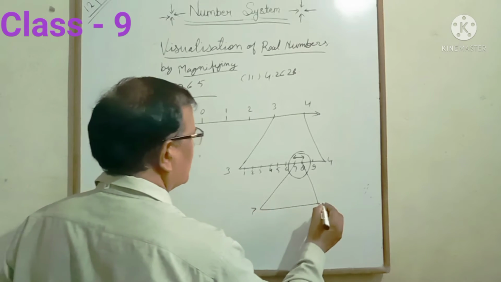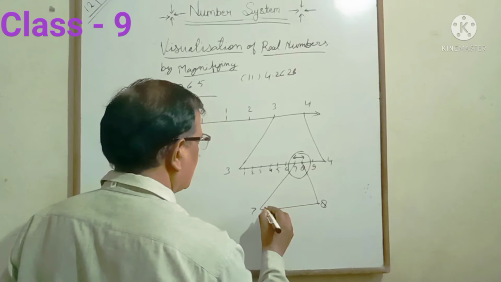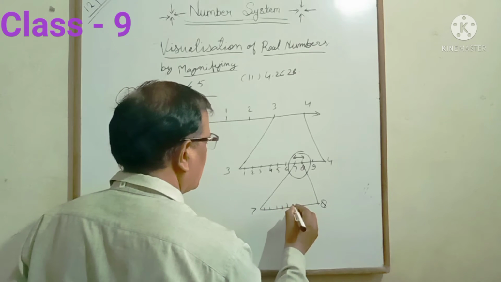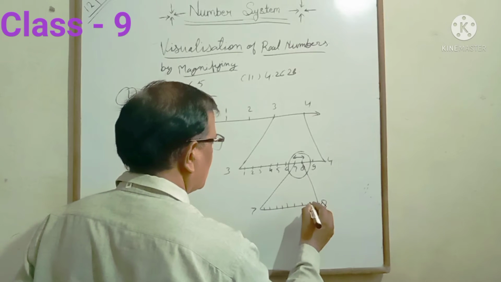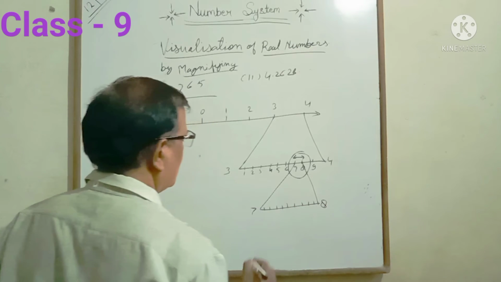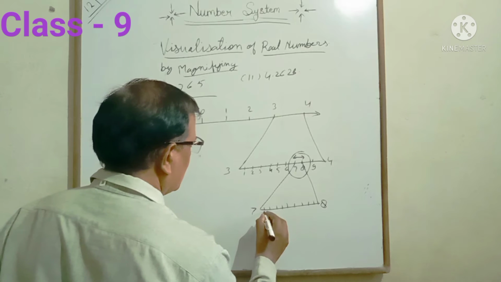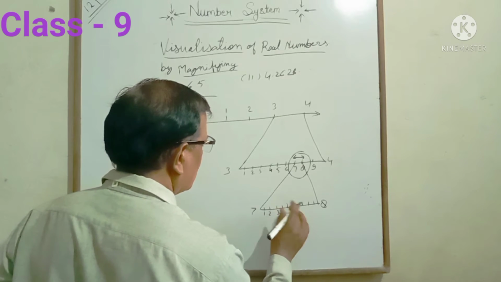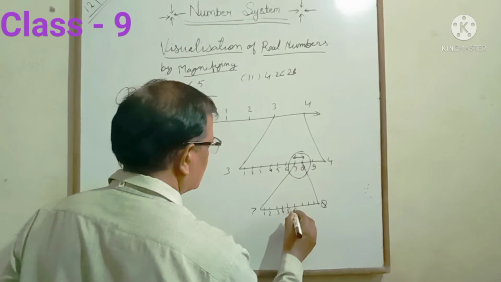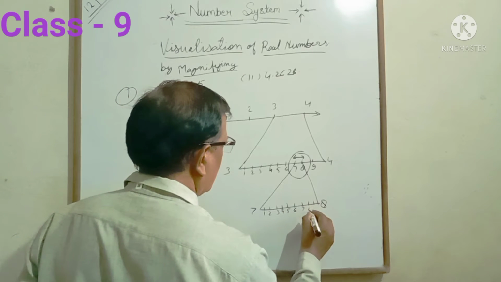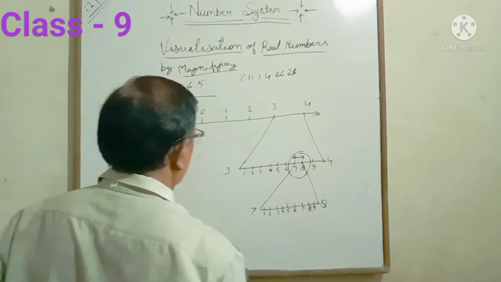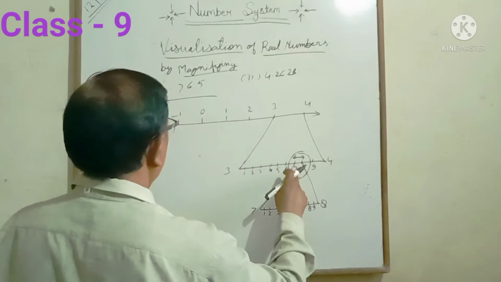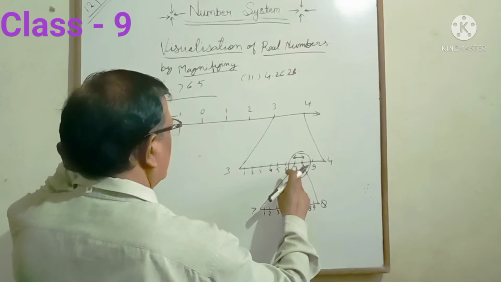Here we write 7, here we write 8, then 1, 2, 3, 4, 5, 6, 7, 8, 9. Now we magnify again because it is more than 7 and less than 8.